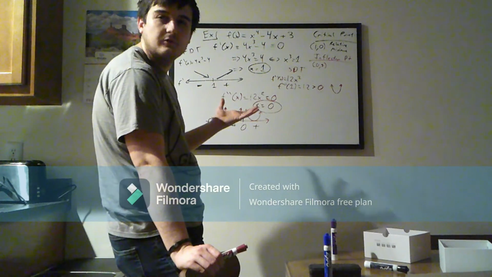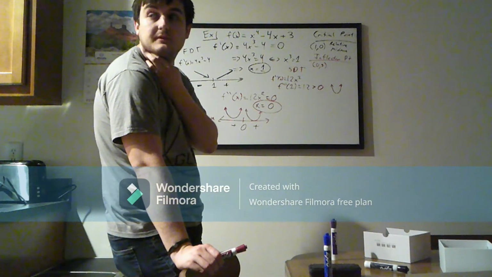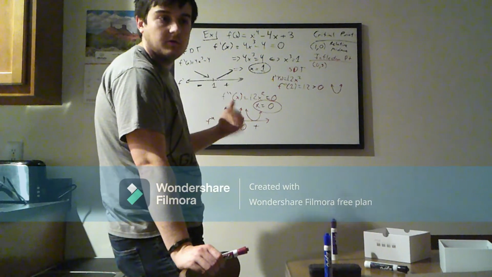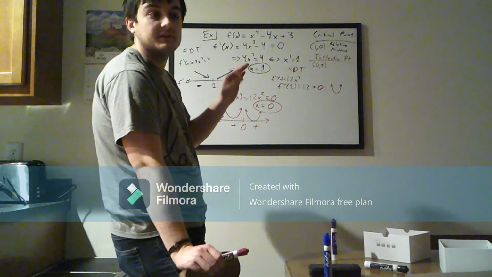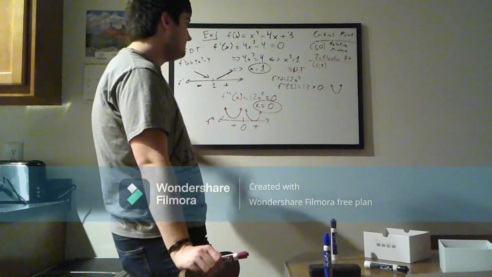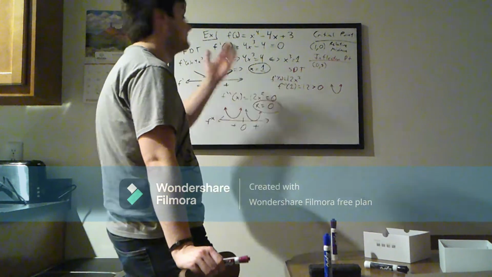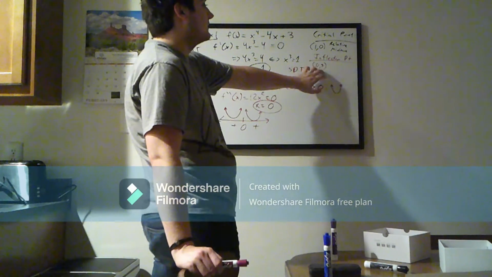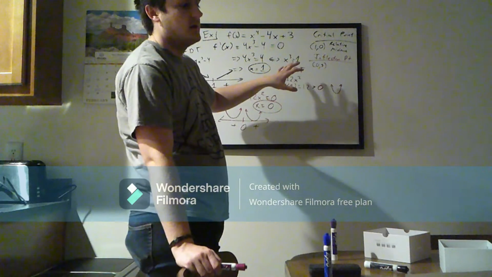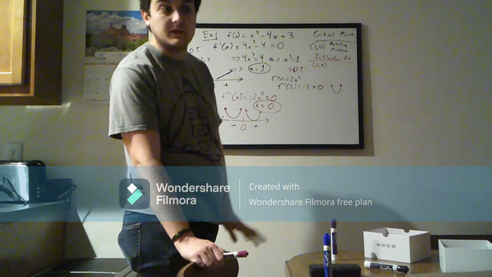This is similar to when we did x cubed in the last video, that even though we got 0 as a critical point, our function was always increasing still. And so we have something similar here. So this might be a good point to graph, but the concavity is not going to change at that point.